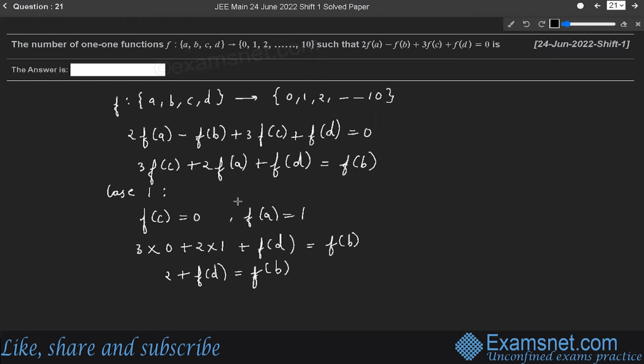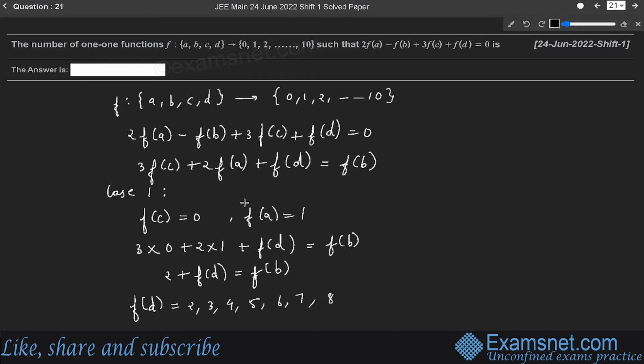Now, the possible values of f(d) will be 2, 3, 4, 5, 6, 7 and 8. We know that f(d) can't be 9 and 10, as if f(d) is equal to 9 or 10, then f(b) will be equal to 2 plus 9, which is 11, or f(b) will be equal to 2 plus 10, which is 12, which is not possible here, as the maximum value of any function can be 10.